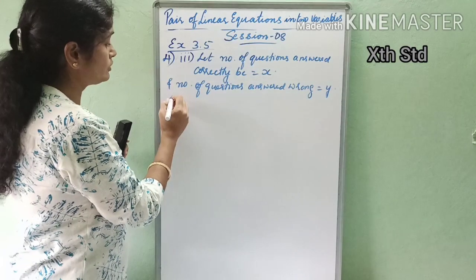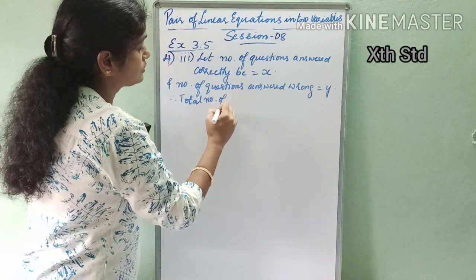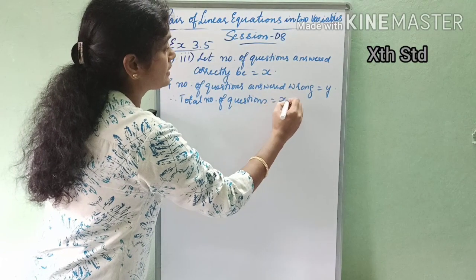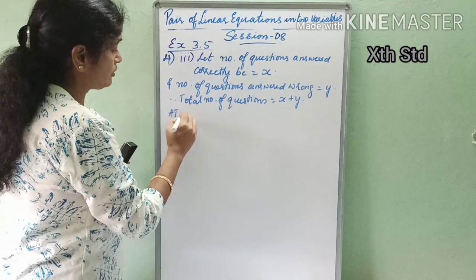Therefore, the total number of questions is equal to x plus y. Now let's check the condition according to the question.